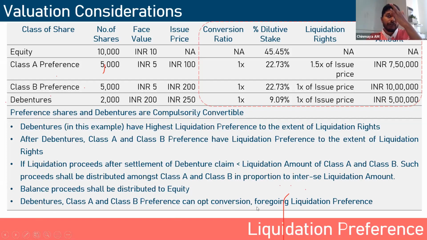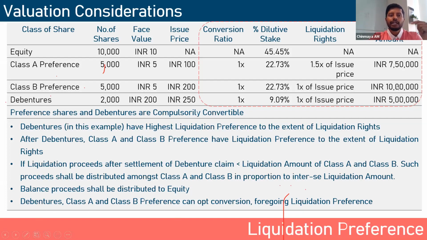One important point to understand: in case of liquidation, if Class A and Class B preference shareholders do not opt for conversion, then they will get only 7.5 lakhs in case of Class A, and Class B will get 10.